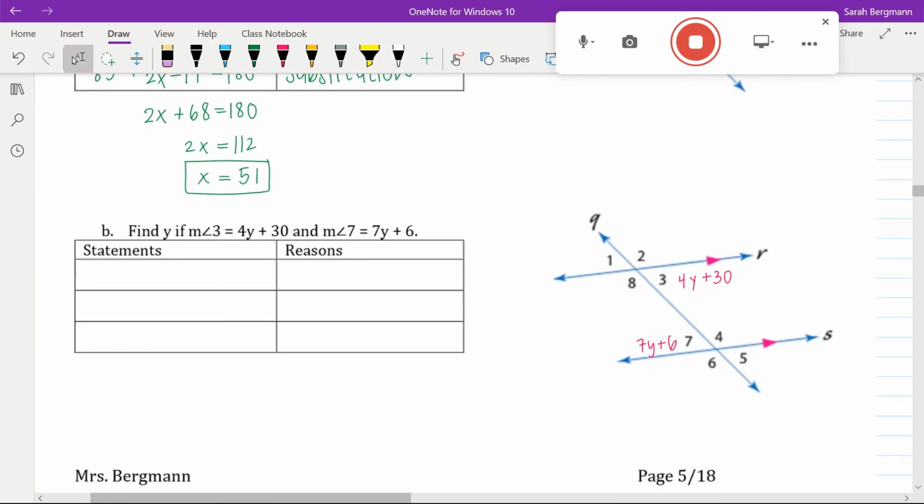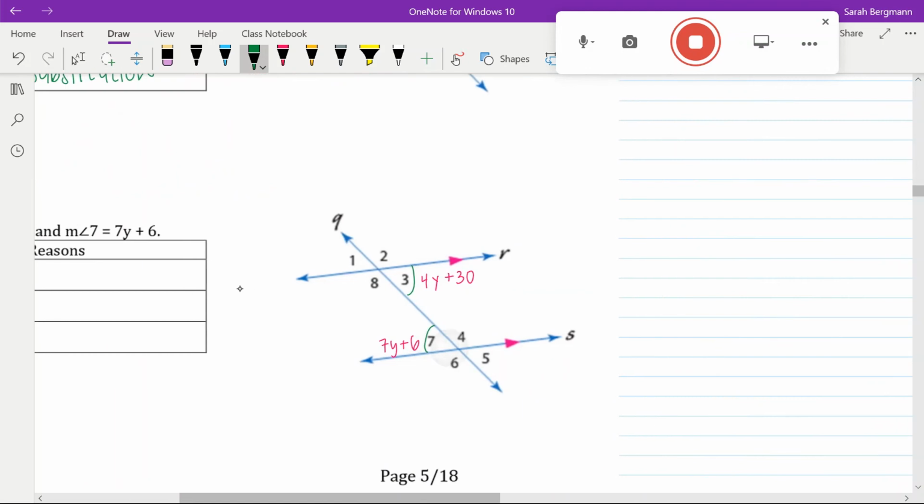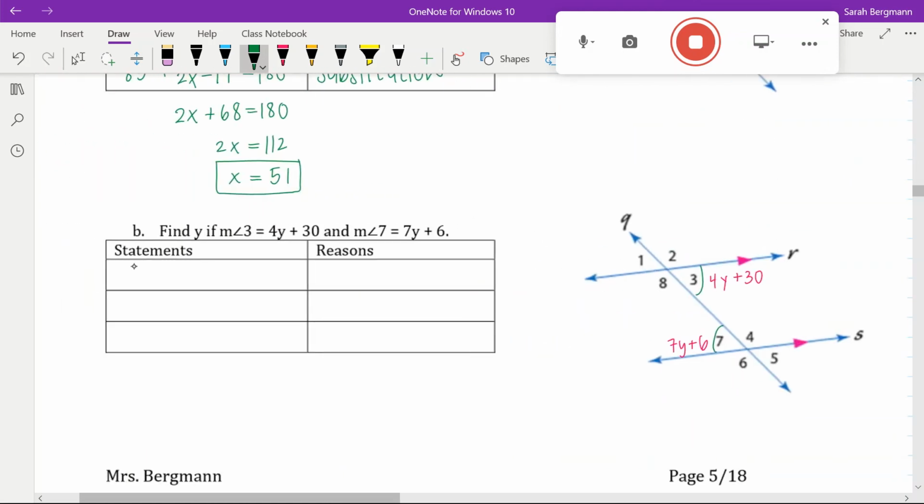Let's do another. This says find y if the measure of angle 3 is 4y plus 30 and the measure of angle 7 is 7y plus 6. I know that angle 3 and angle 7 must be congruent because they are alternate interior angles. So I'll write that down first.